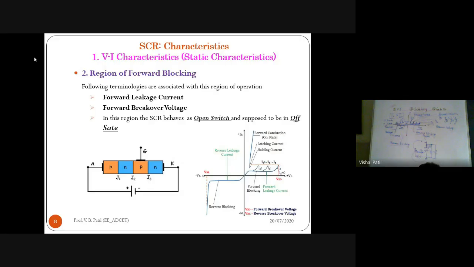So we may not get considerable current in this region, and the voltage is blocked. That voltage is a positive, forward voltage, hence it is called forward breakover voltage. These are the terms associated with the forward blocking region.